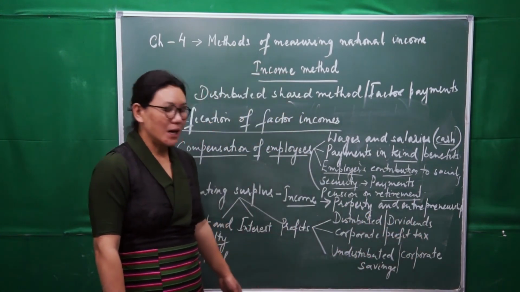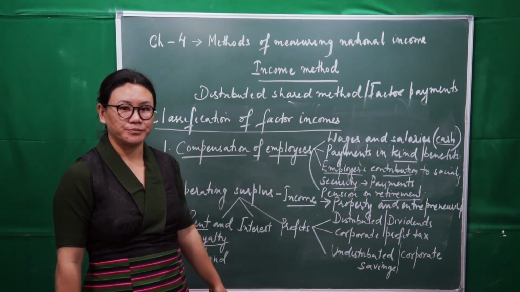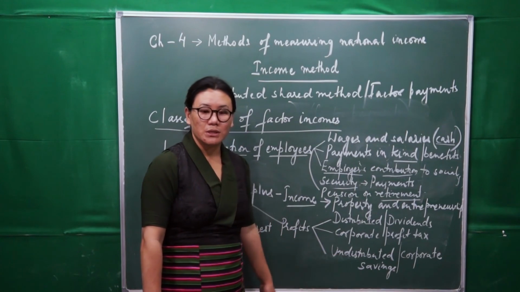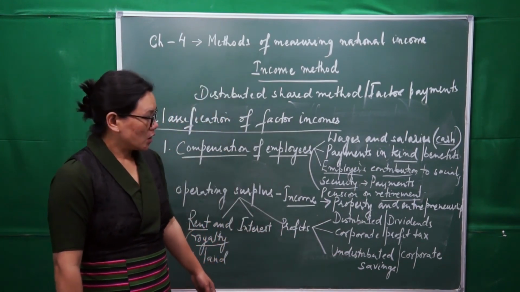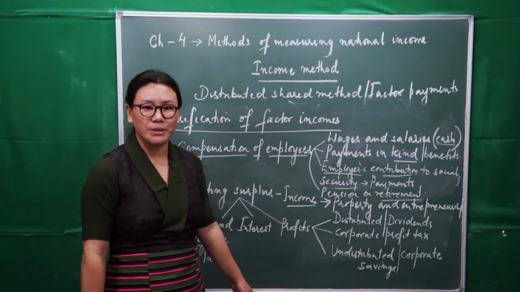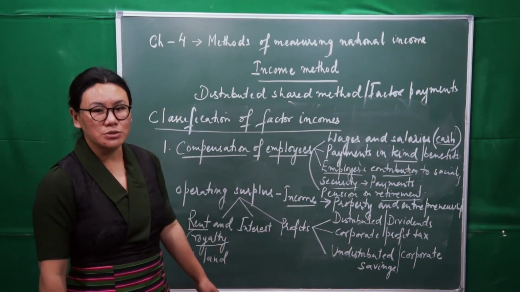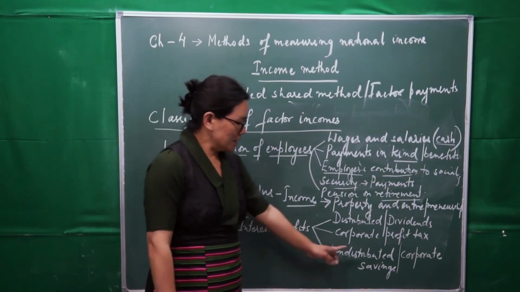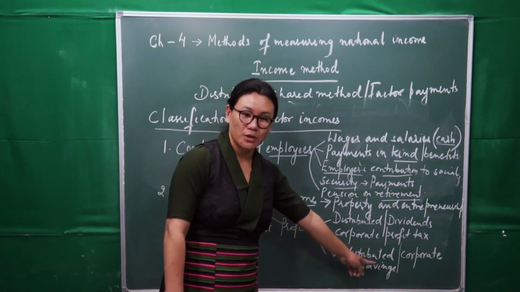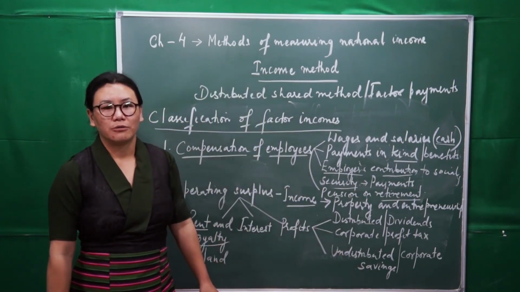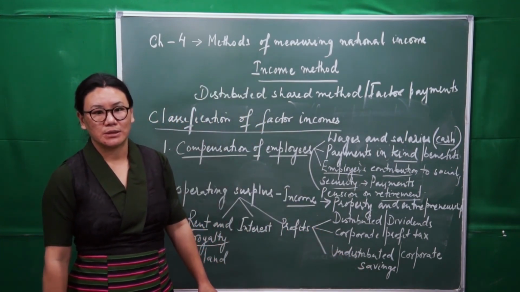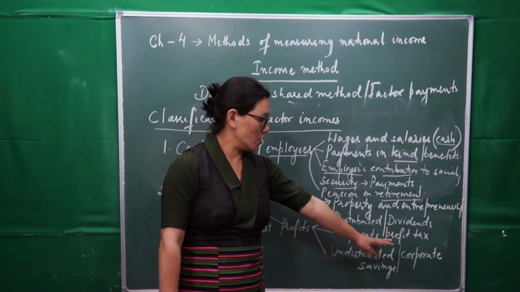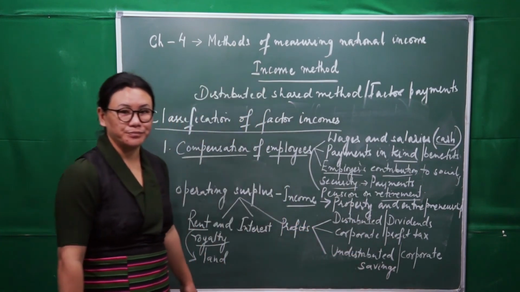And the third one will be undistributed profits. Now, in this, corporates, or we can say companies, will not distribute the profits. What they will do is they will save it, okay, for future purpose. So this will be called undistributed profits or corporate savings.